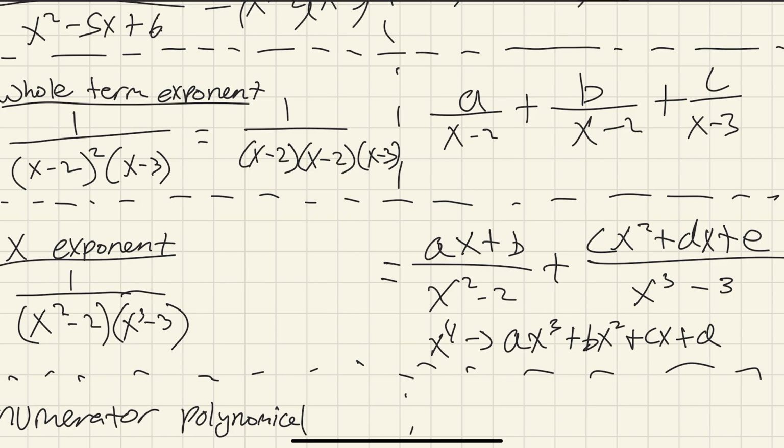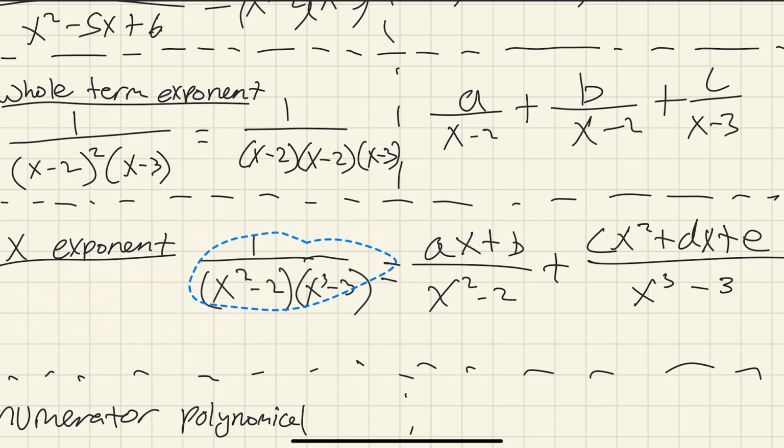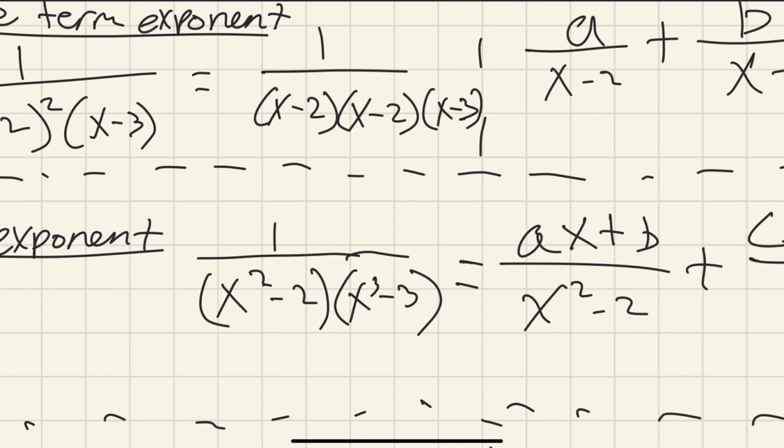So your answer form is going to look different, but how you approach it is going to be the same. Again, we would multiply the numerator by the denominator, so it would be x squared minus 2, x cubed minus 3.